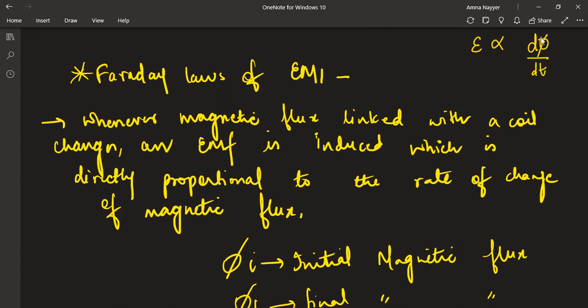What is the meaning of d phi? D phi means final magnetic flux minus initial magnetic flux, whatever is the change that has occurred in the magnetic flux. So EMF is directly proportional to d phi over dt.